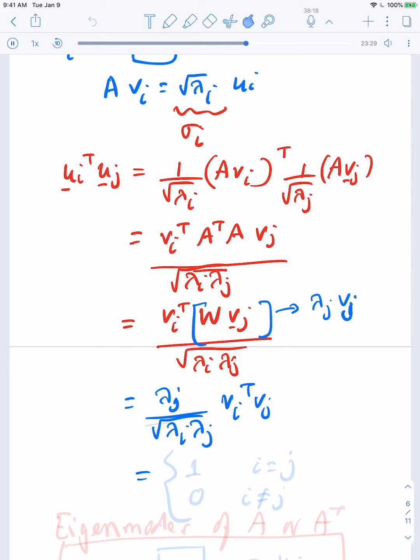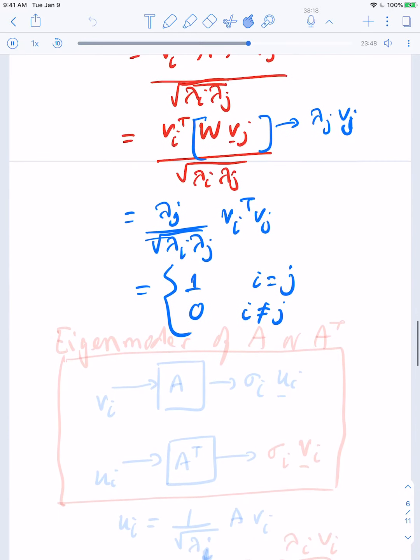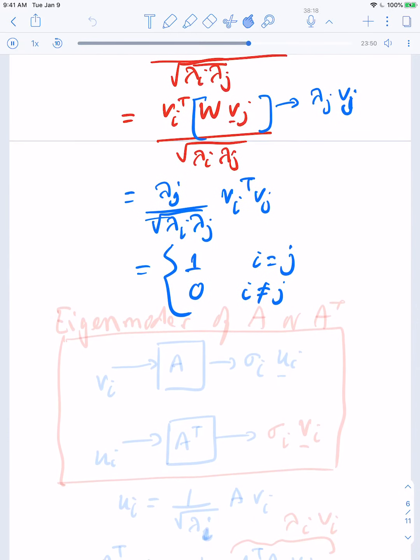I've normalized the Vi's to unit energy, and then you get lambda i over root lambda i, so it's 1 for i equals j. Vi and Vj are chosen to be orthonormal, so it's 0 for i not equal to j. So the U's inherit the orthonormality of the V's.